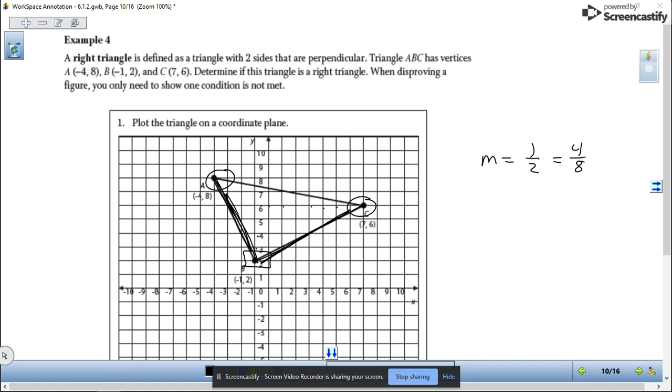Now, from A to B, we go right 1, 2, 3, down 1, 2, 3, 4, 5, 6. Okay, so that would be -6 because we went down 6, right? Over 3. Or you think about it as up 6 and left 3. It's the same thing either way.